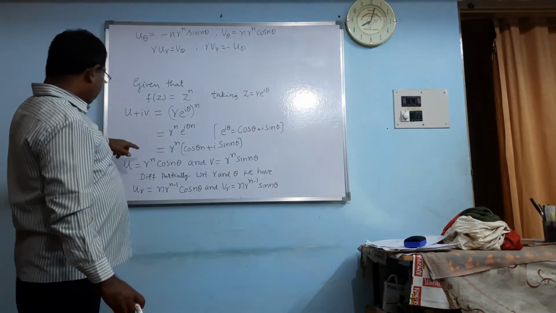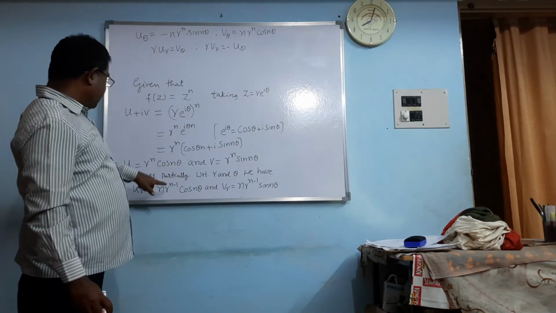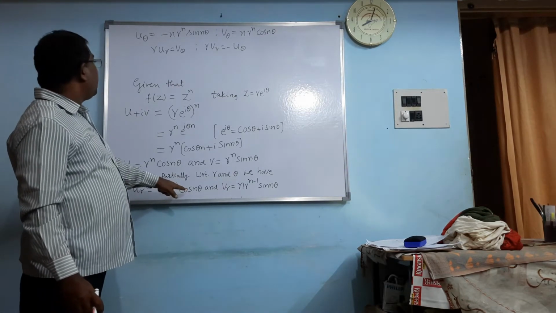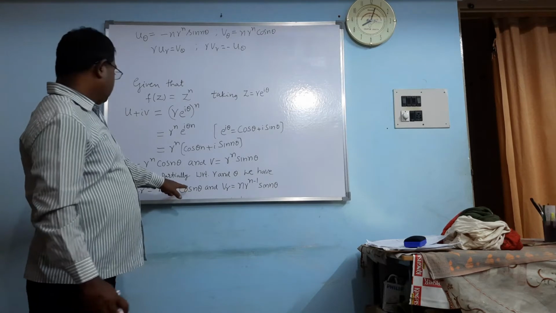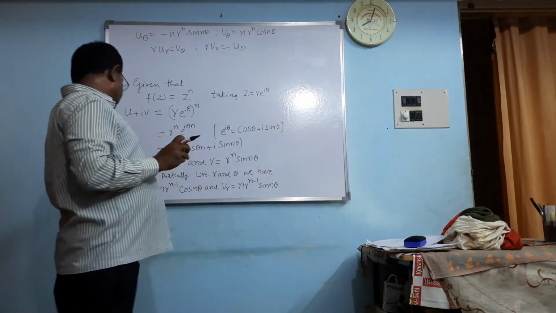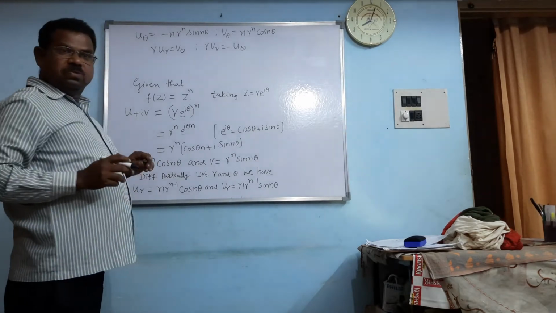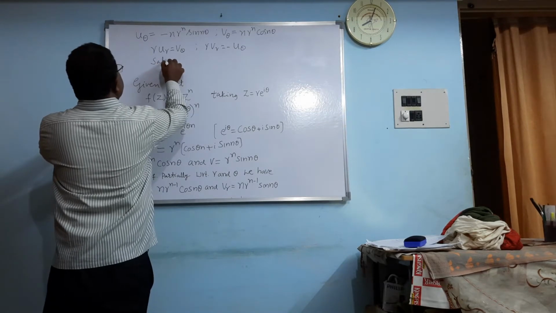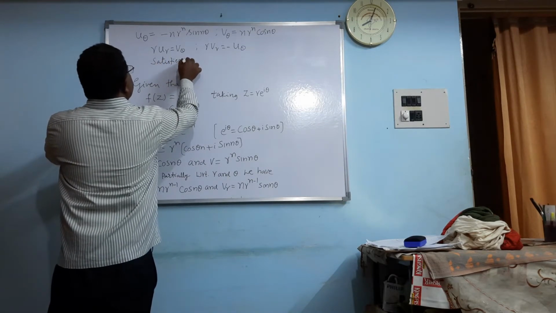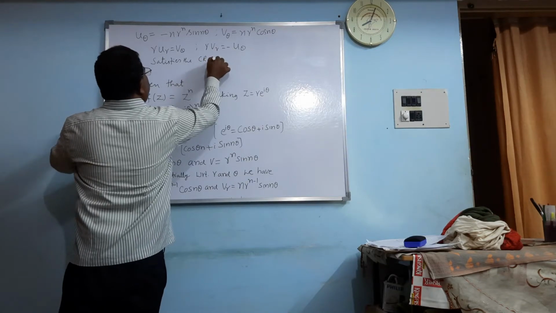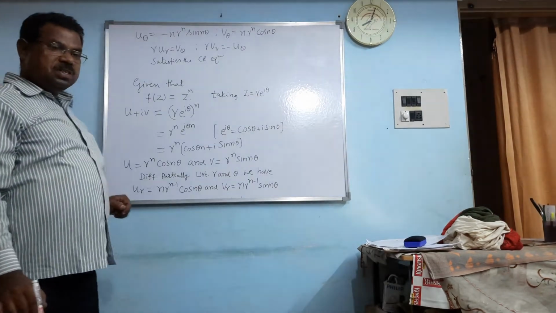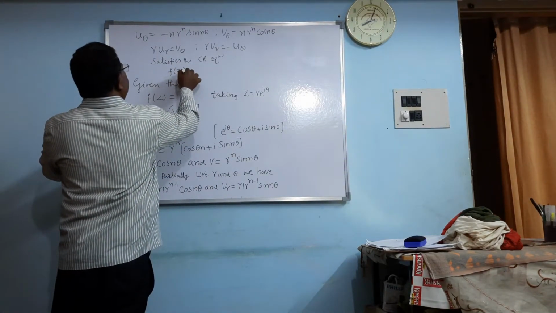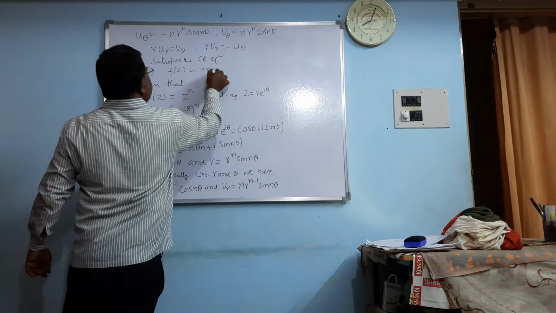Here u r is n into r to the power of n minus 1 cos n theta, and v theta is n into the same. Now it satisfies the CR equation. Therefore, f of z is analytic.